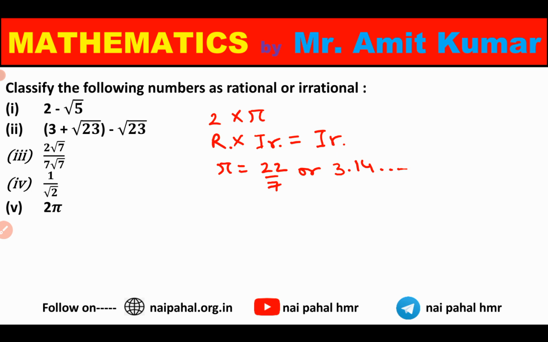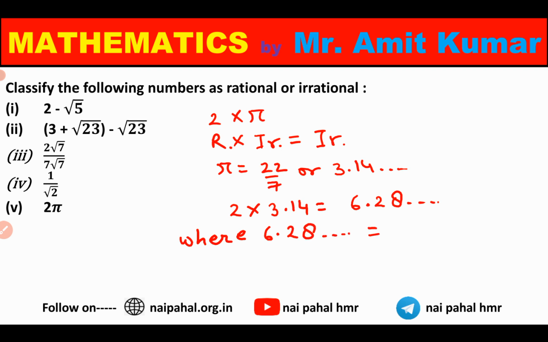So if we multiply pi by 2, then we may get the answer as 6.28 and so on, which indicates that it is irrational.